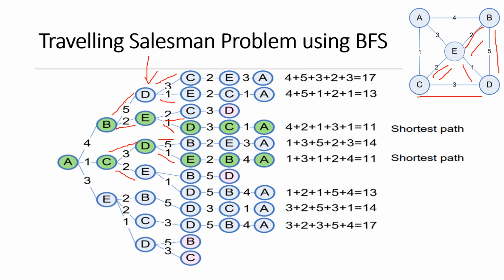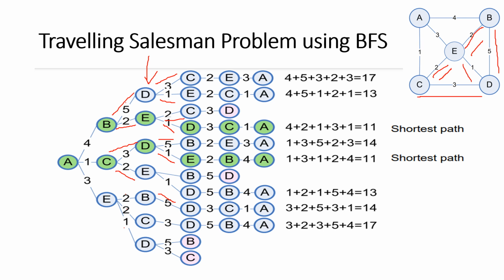And then from E, you can see here there are two child nodes, B and D. A and C are the parent nodes. Then from B, it can move to D, and there A and E are the parent nodes.